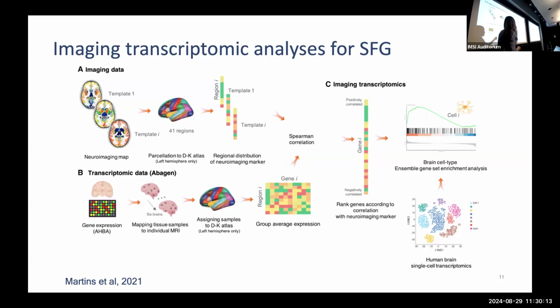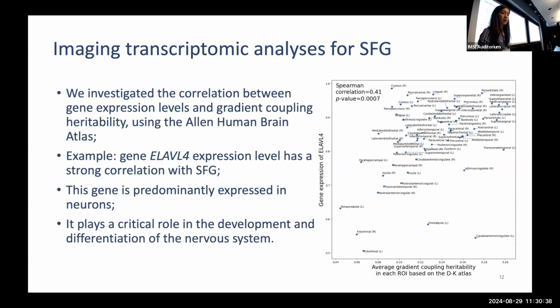Then we can find the gene expression and correlate it with our imaging trait, ranking the gene expression, and find out what genes are mostly expressed based on our study.